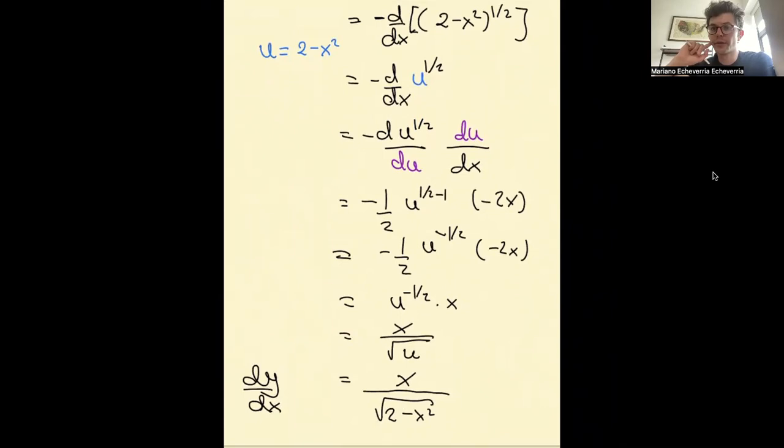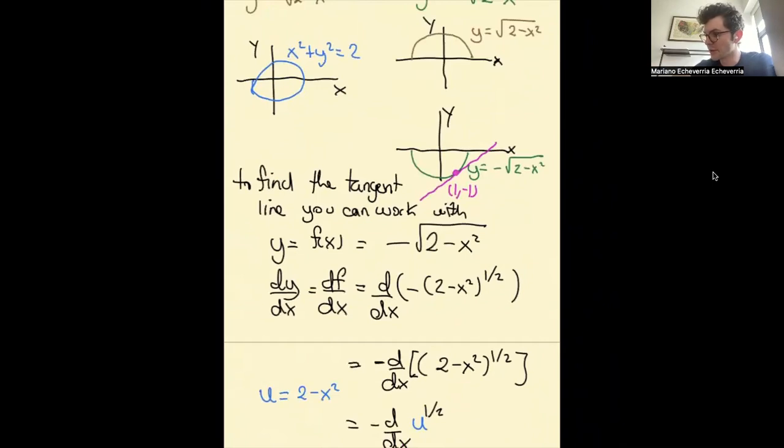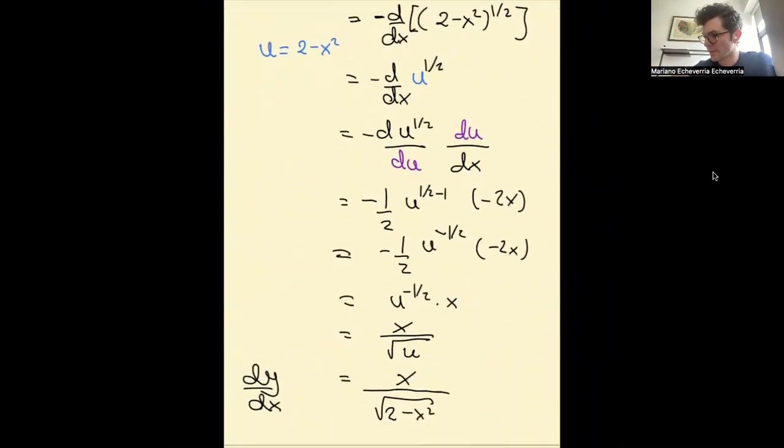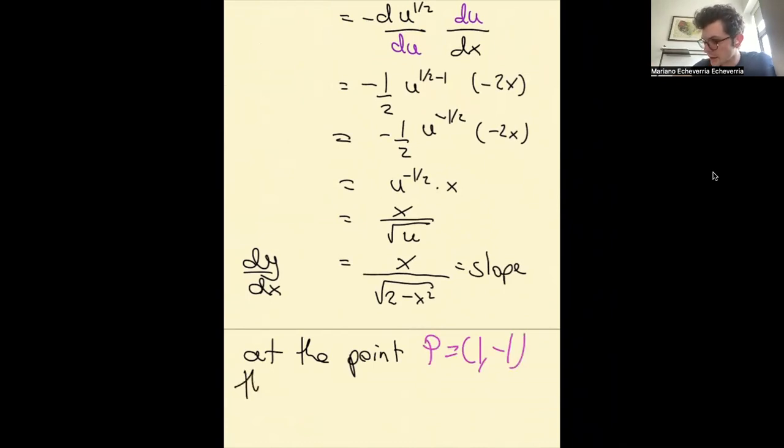So that's the formula for the slope of the tangent. But if you want the tangent line at this point, so this is the slope. At the point P, which is 1, -1, you just evaluate that with x equals 1.